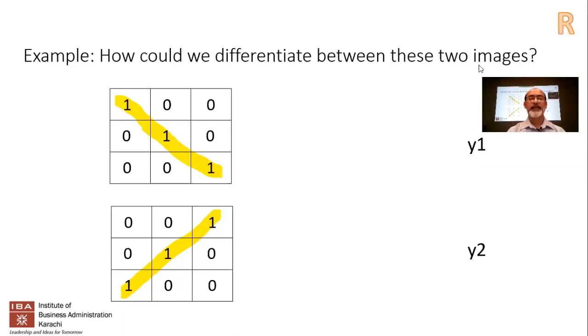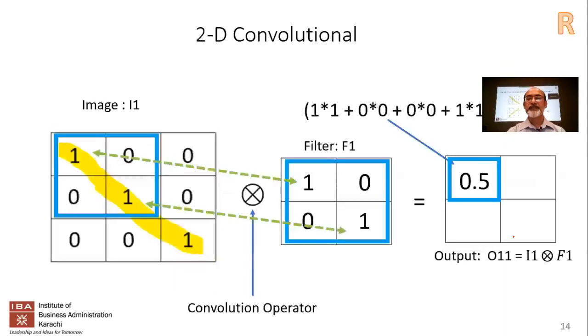One is a slope slanting downwards and the other is slanting upwards. The idea was to have some kind of probability associated with each of those two images, so that if y1 is large, that would imply that this is a downward sloping image, and if y2 is large, then it would be an upward sloping image. So we would compare the values for y1 and y2.